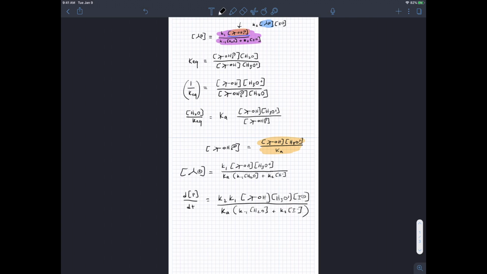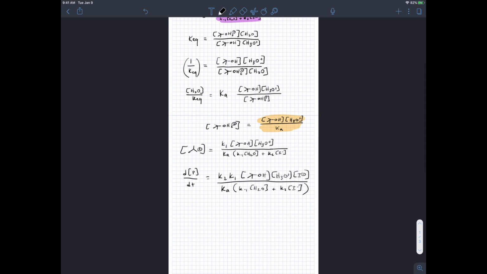We expect the reaction to be first order in alcohol, first order in hydronium, and we expect a complicated relationship with the iodide concentration, and it sort of depends on how fast that iodide step is relative to the backward step for water, right?